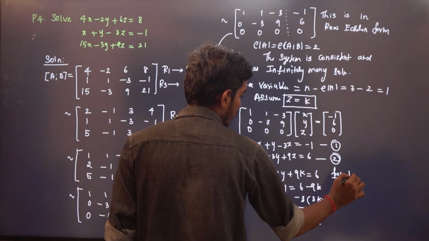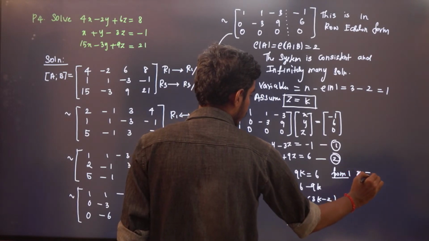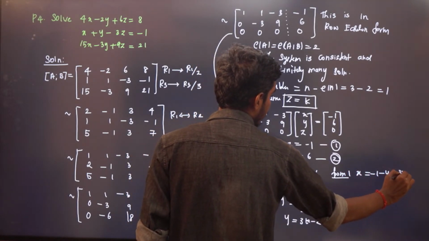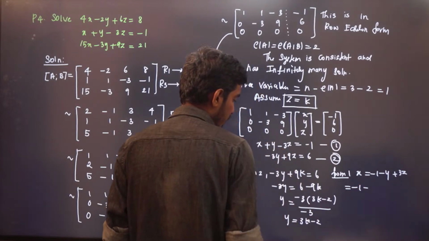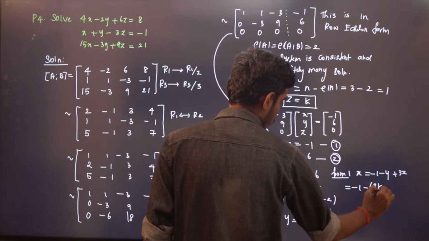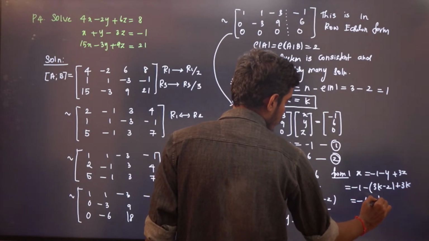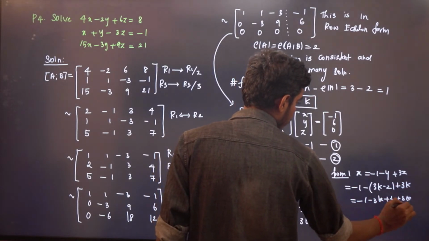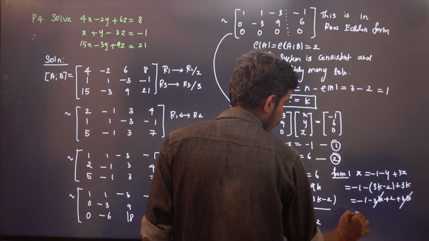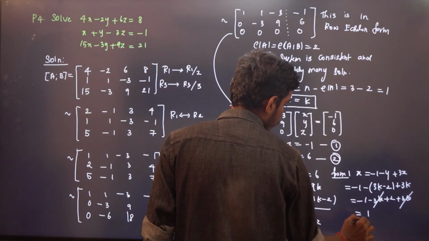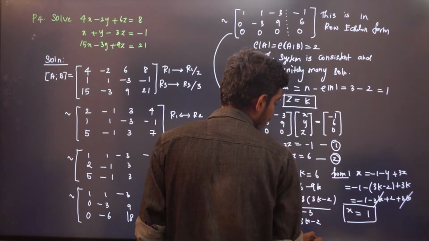And from 1, x is minus 1 minus y plus 3z. Minus 1 minus y, with y being 3k minus 2, plus 3k. So minus 1 minus 3k plus 2 plus 3k. These two will get cancelled. So x is equal to 1. So it is independent of k.